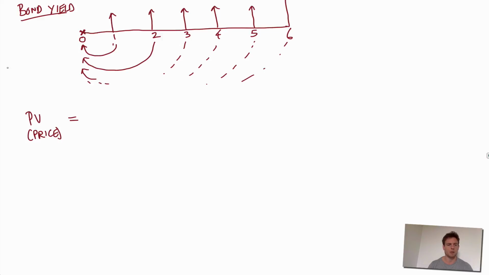So the present where time equals 0. And these are all 1 year periods, so let's say it's an annual coupon bond. This period is 1 year, this is 1 year, this is 1 year. So this is a bond with 6 remaining coupon periods, and the principal coming at the end.